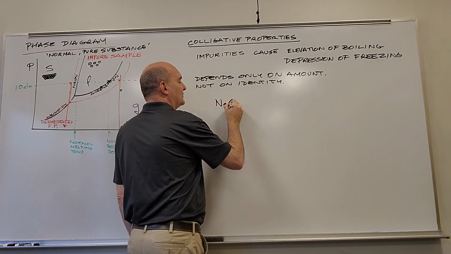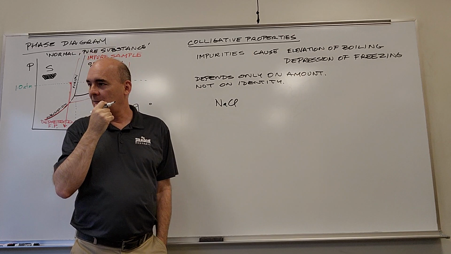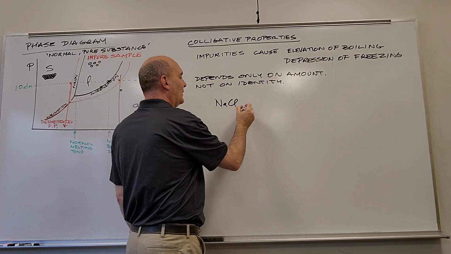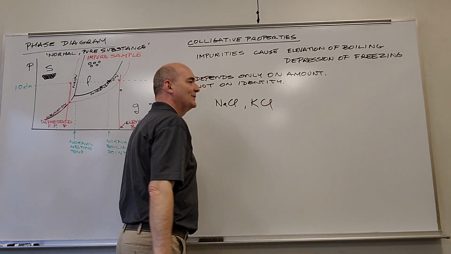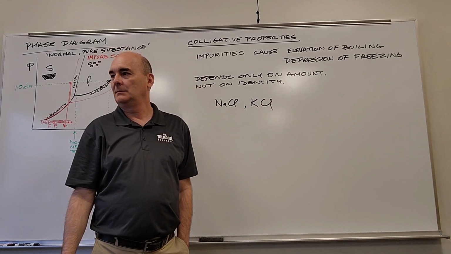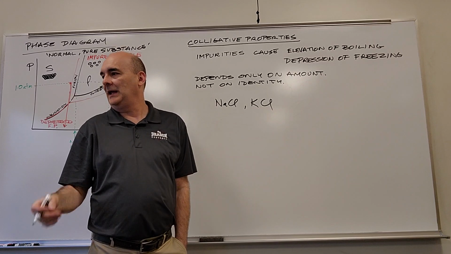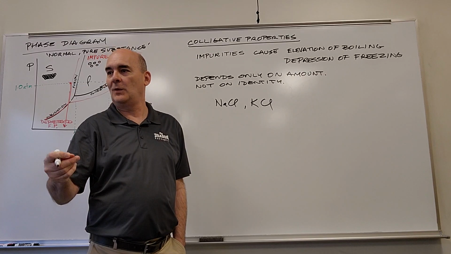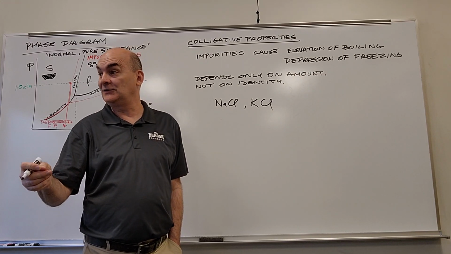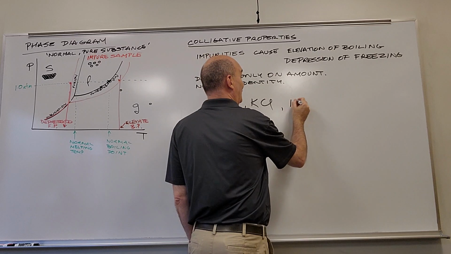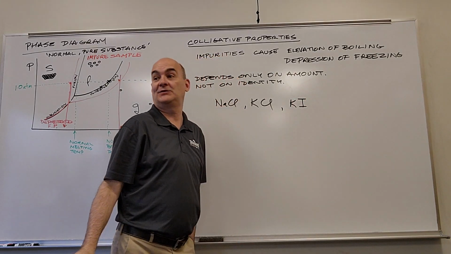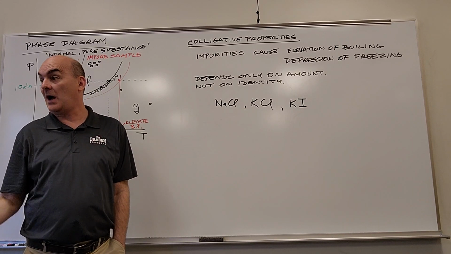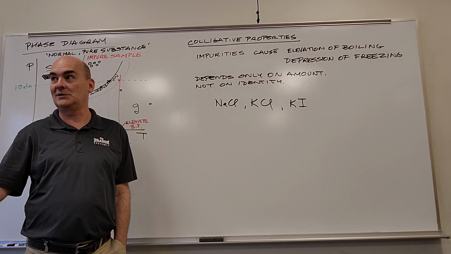So we add salt to make ice melt. Now if you didn't have sodium chloride, and you use potassium chloride, it would work exactly the same way. If you wanted to put salt into your boiling water pan at home while you were cooking, and you didn't have any sodium chloride, because you're cooking at your granddad's house, and he's not allowed to have sodium chloride, he's got potassium iodide in his iodized salt, the low sodium one.